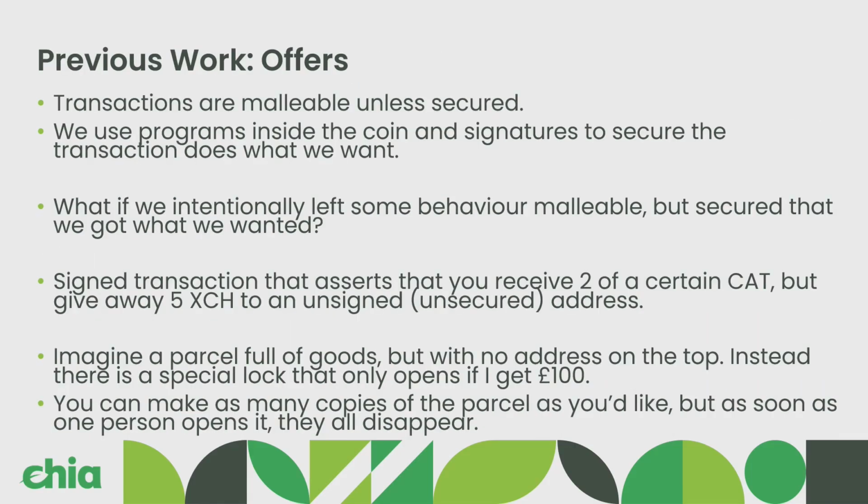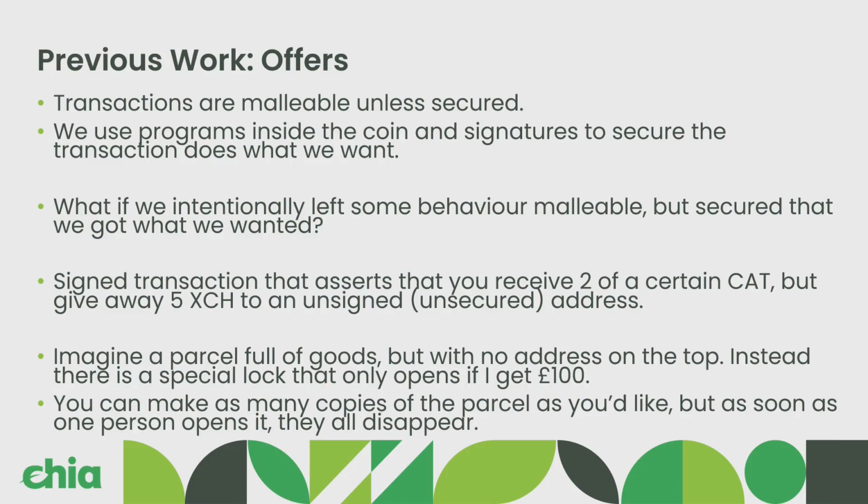Offers. So I talked about delegating behavior and leaving things unsigned. One advantage to this is that we can leave things malleable. What would a behavior be like if we didn't care? So in a transaction, if you're transacting in the world, you really only care about getting what you want, and it's up to the other people to claim the thing. So you could make a malleable transaction where you assert a truth.